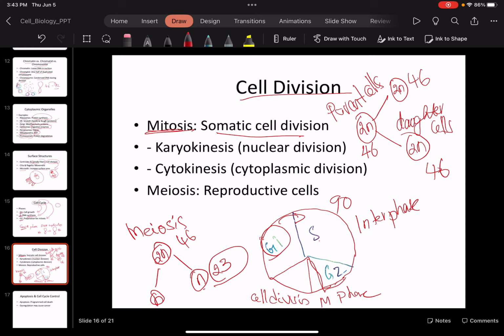The sperm and ova fertilize and fuse, forming 46 again. That's why it's only 23 for the sexual cells like the sperm or the ovum.